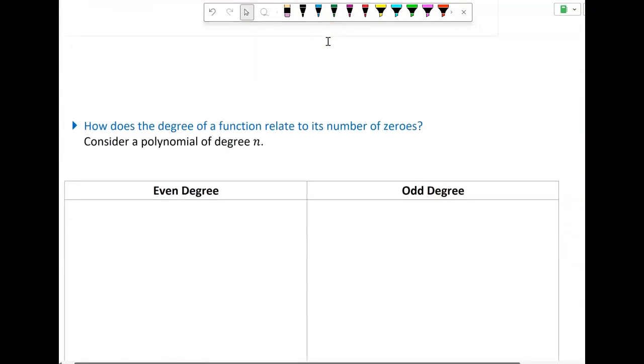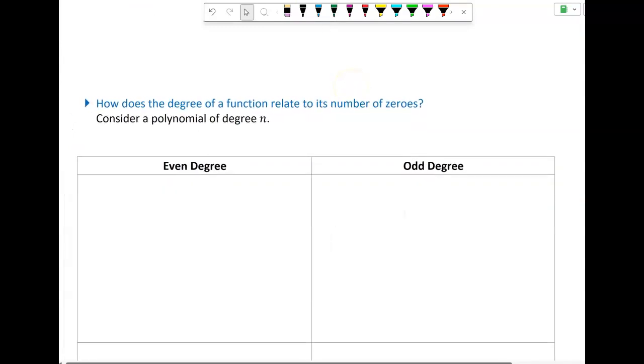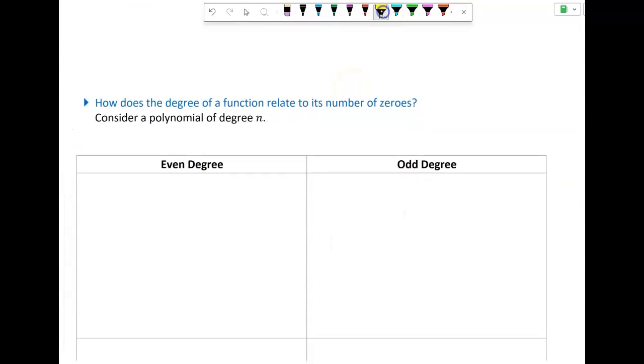All right, how many x-intercepts there are is also an important question for us to think about. It's related to what we learned last class, which is the degree of a function. If you recall, the degree of a function is the highest exponent of a polynomial.